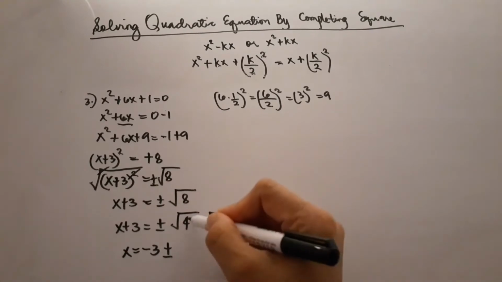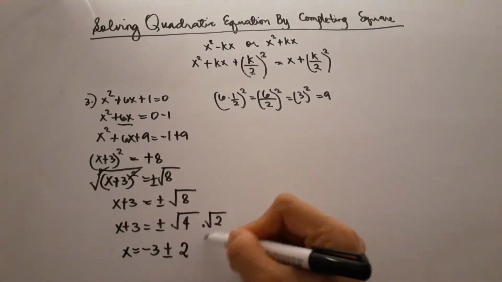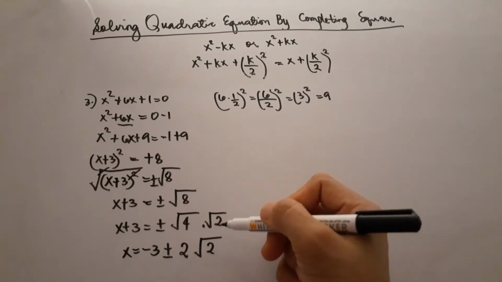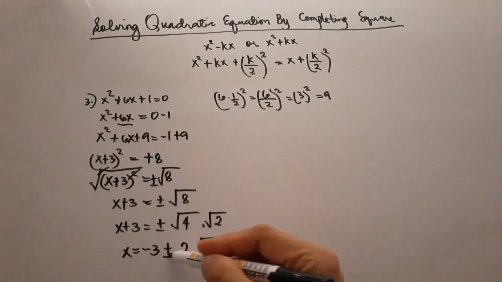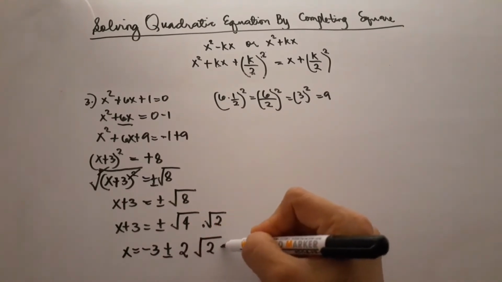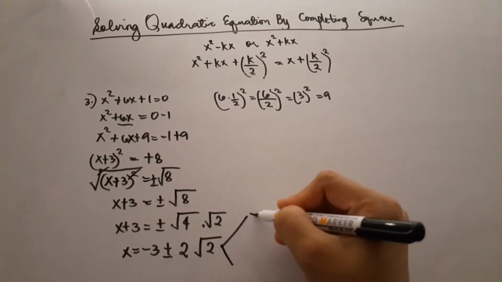So isolate the constant term, which is 3. To transfer it, it becomes negative 3. And then the square root of 4 is 2. So we have -3 ± 2 square root of 2.